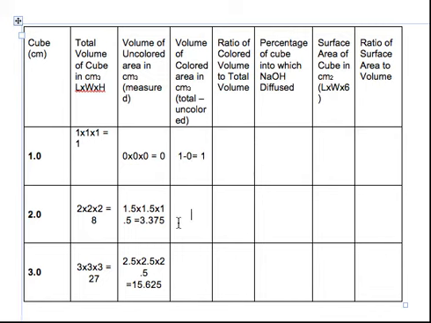Next one's going to be 8 minus 3.375, which is going to give you 4.625. And then the last one is going to be 27 minus 15.625.